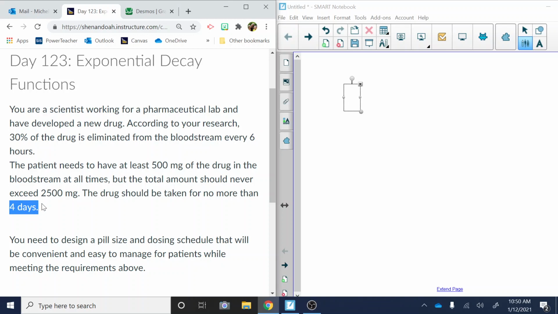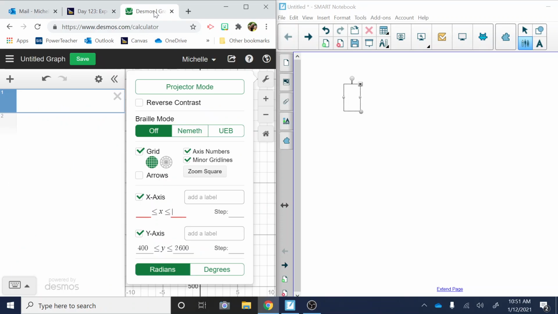Okay, so that means if there's 4 chunks per day, 4 6-hour chunks, and I need to be on it for 4 days, there's going to be 16 decay windows, decay chunks, if you want to think about it like that. So I am going to choose on Desmos to make my time go from 0 to 16, because 4 6-hour chunks and 4 days.